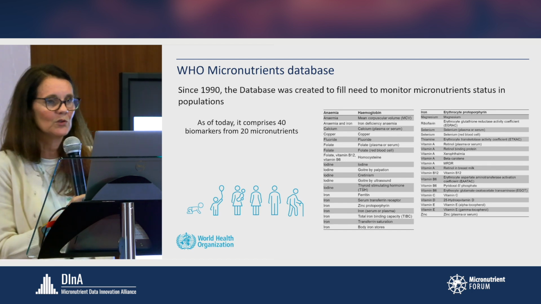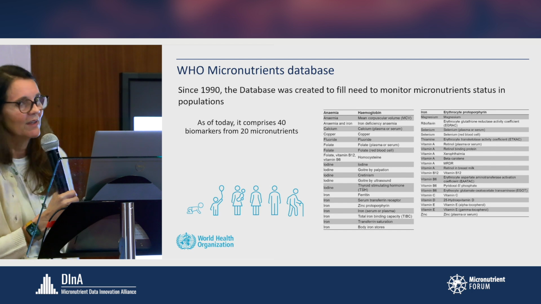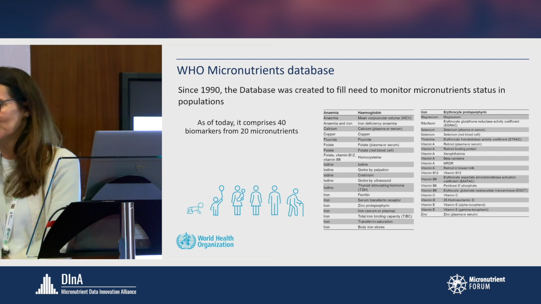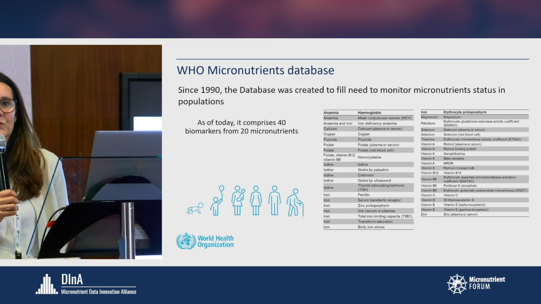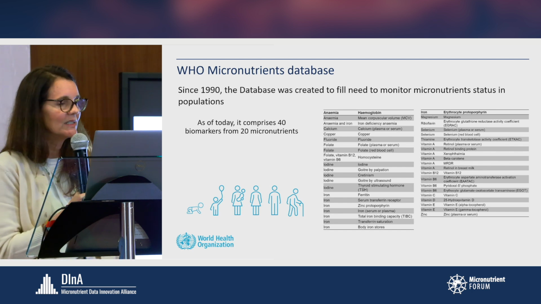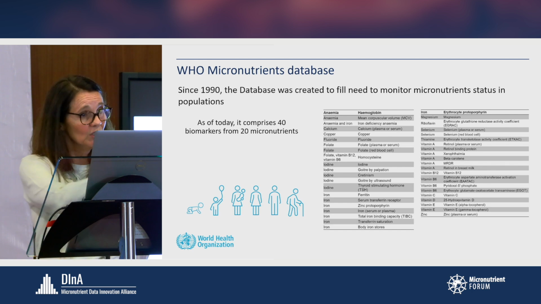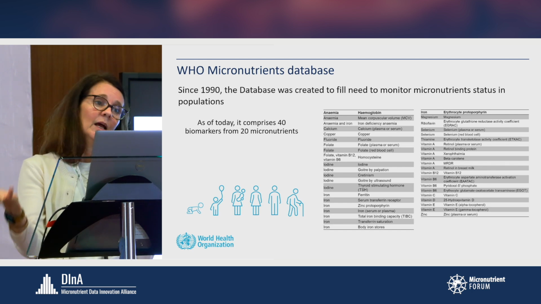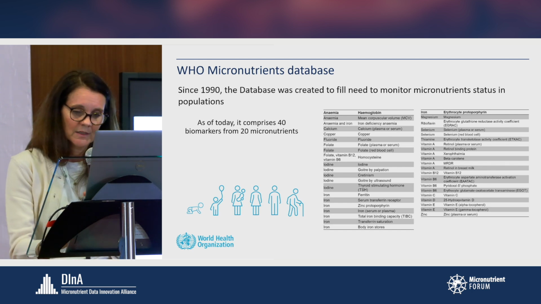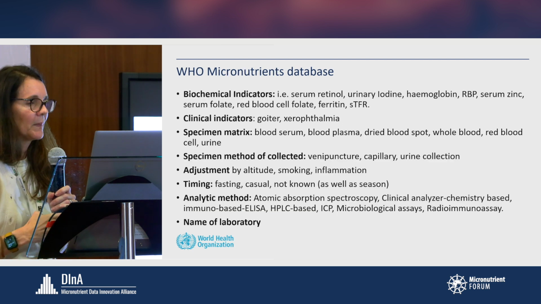biomarkers for different micronutrients. So we have everything from the big five that Jonathan mentioned this morning to indicators for riboflavin, vitamin C, B6, folate, B12. We have all the different biomarkers that countries are reporting on, and we put them into the database in this expansion.